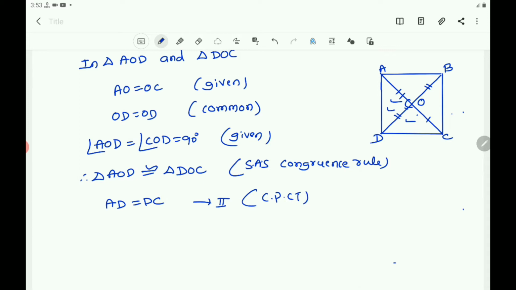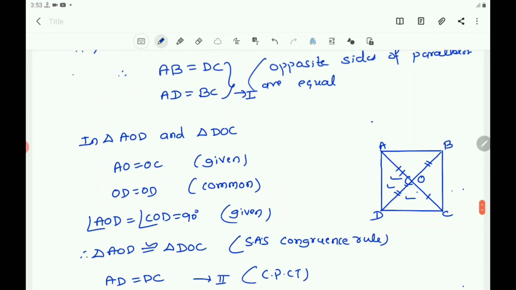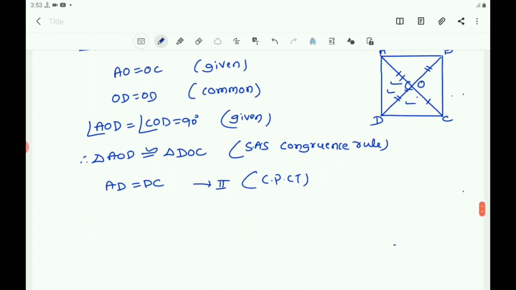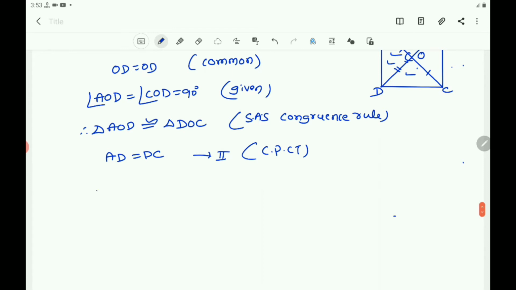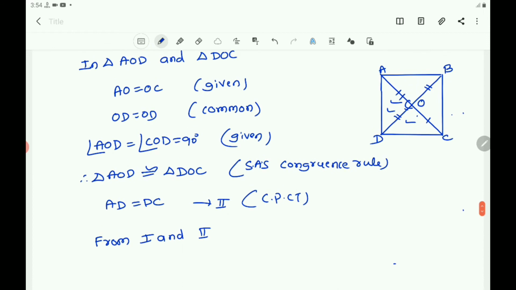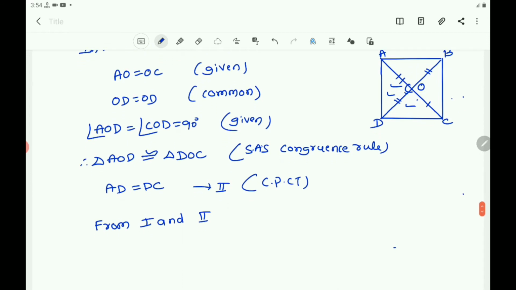As AB equals DC and DC equals DA and DA equals BC, from first and second, you can write, you start from DC.